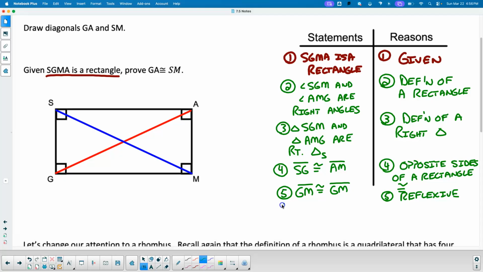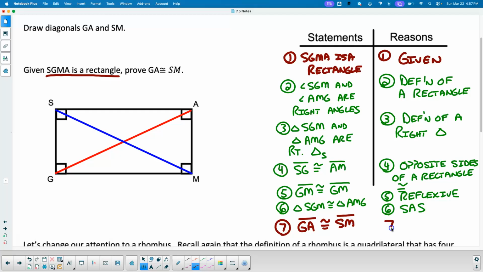Then we can say that triangle SGM is congruent to triangle AMG, and my rationale there would be side, angle, side, which then allows me to say that side GA is congruent to side SM by your new best friend in proofs, CPCTC.